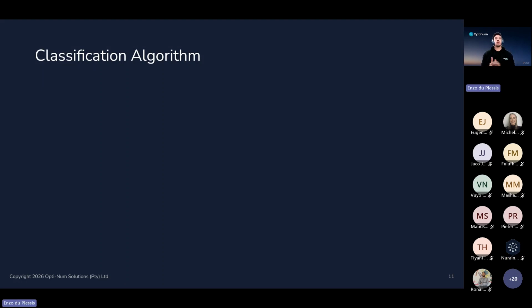Okay, so in terms of the classification algorithm, and this is essentially just building on top of what Nureen has shared, why is it important in a situation like this?